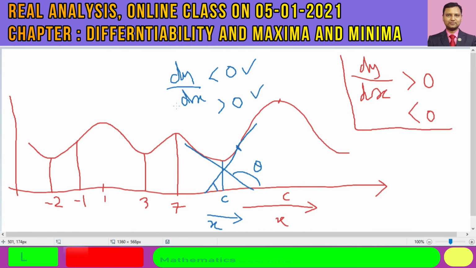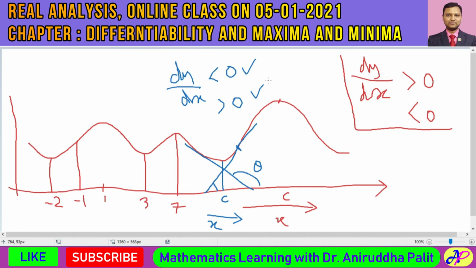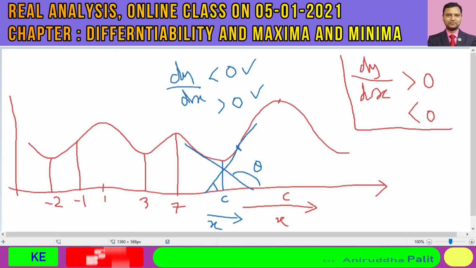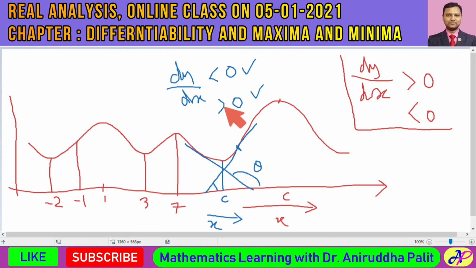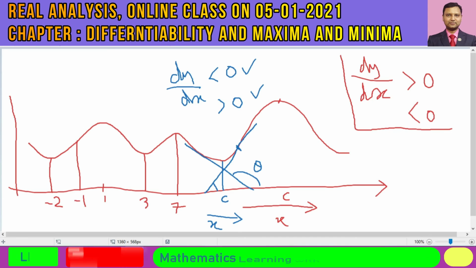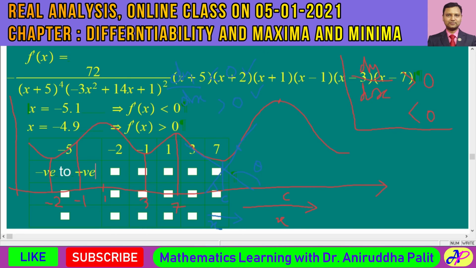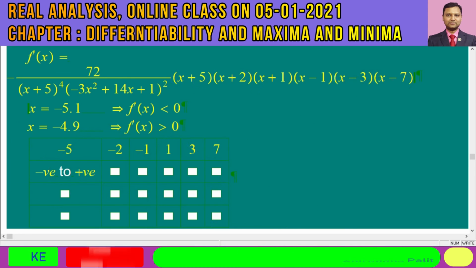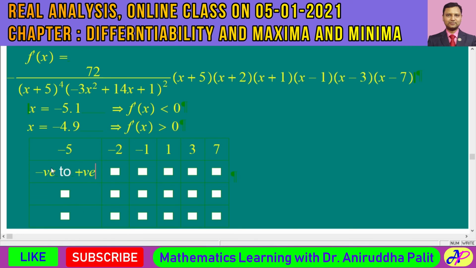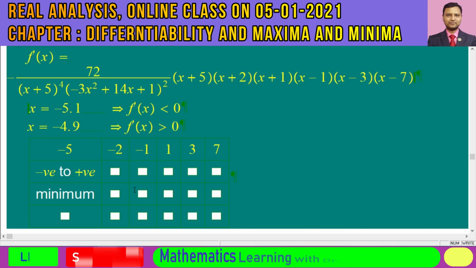I told you that if the derivative changes its sign from negative to positive, then we shall have a minimum value. So if you look at this picture and look at this expression, we can say that at the point x is equal to minus 5, the function has a minimum value.